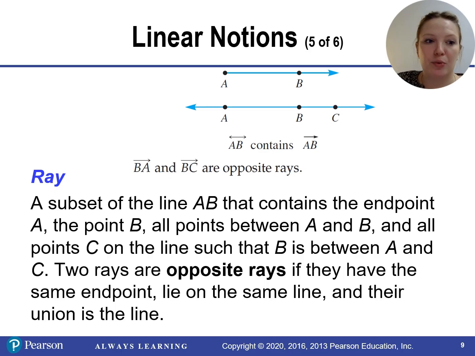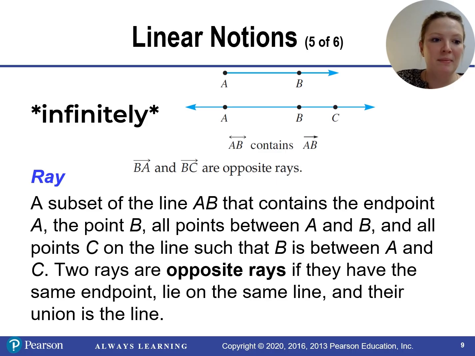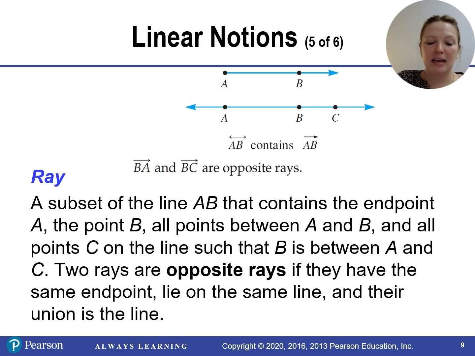We could also talk about rays. Rays are lines that, or it's this portion of a line that has an endpoint A and goes through a point B. So that would be ray AB. So we have just one point and a line extending forever in the infinite direction. 2 rays are opposite rays if they have the same endpoint and are on the same line, and if we put them together, their union is the line.